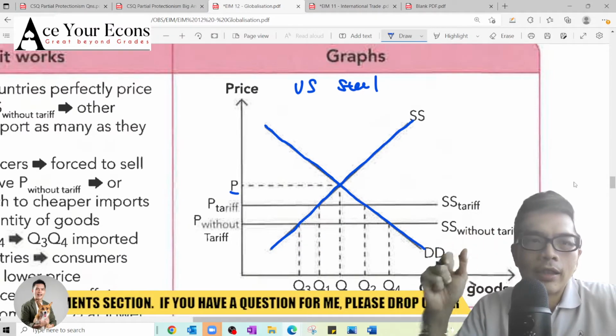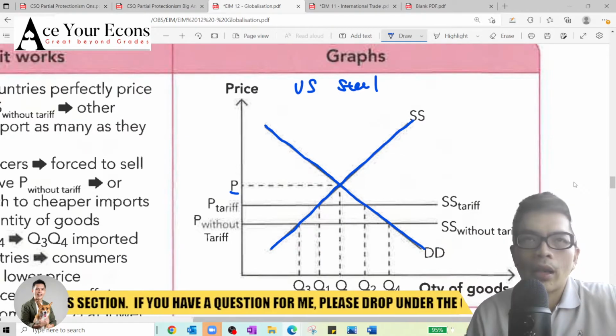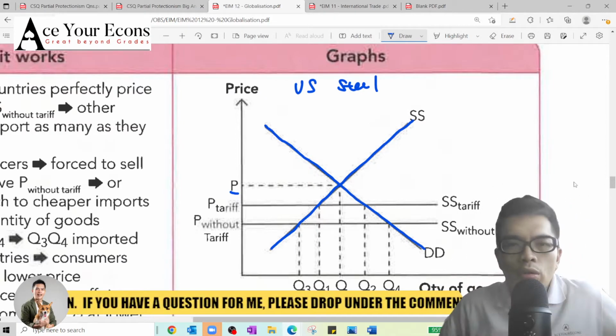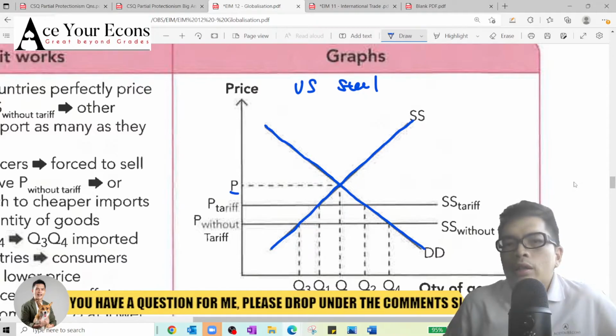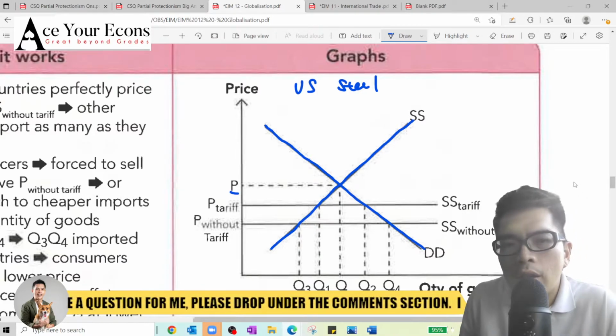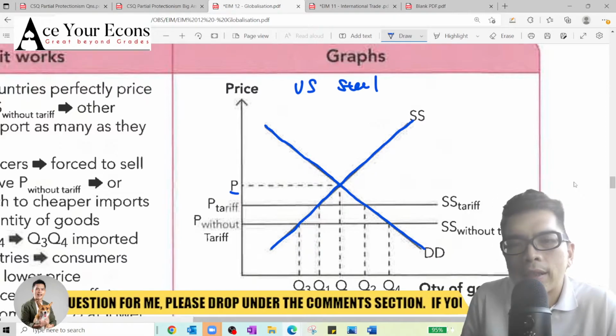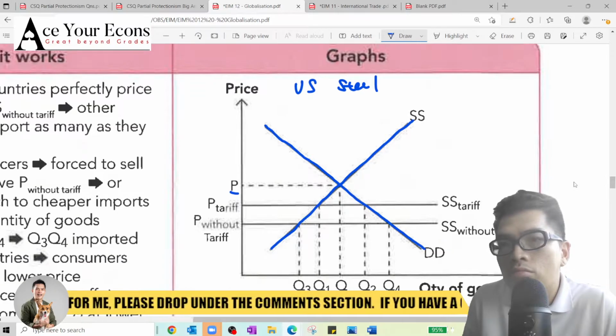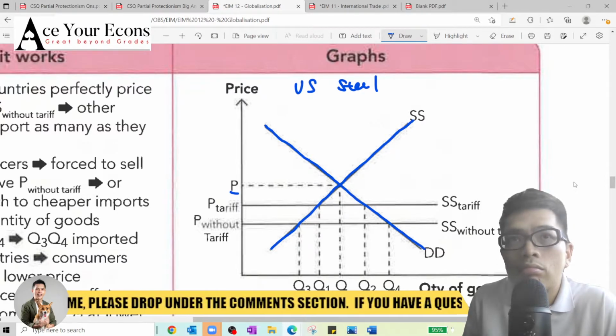Now, here is how the magic is going to start. Suppose that the US is going to engage in trade with another country. Tell me, which country probably has a lower opportunity cost in steel production than the US?